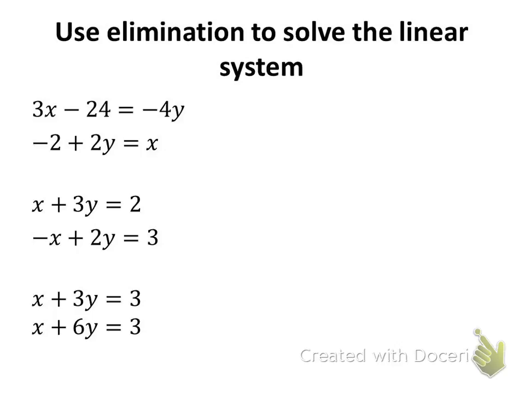But because they're on the wrong side of the equals, I must do the opposite in order to move them. So I'm going to add 24 to move it over here, and I'm going to add 4y to move it over here. Once I do that, I now have 3x plus 4y equals 24.